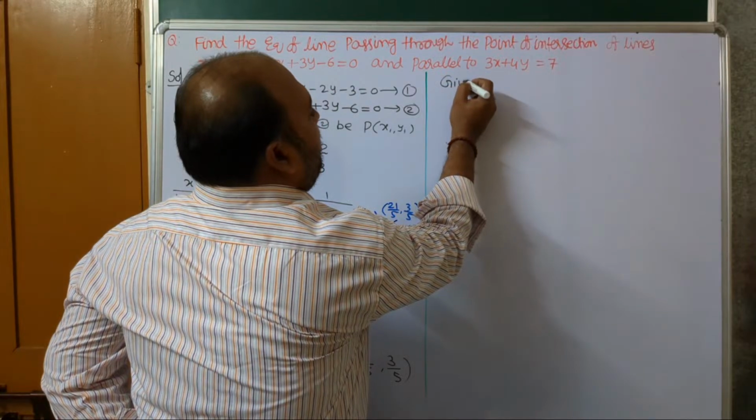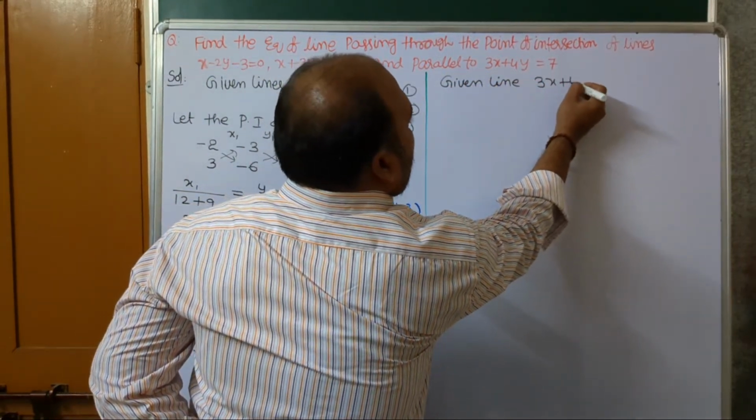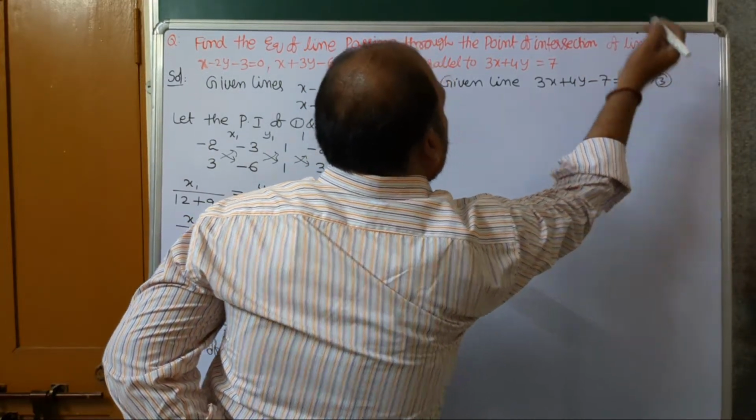So first, this is x1, y1, dear students. The given line 3x plus 4y, that 7 also bring this side, minus 7 equal to 0. Keep that as equation number 3.